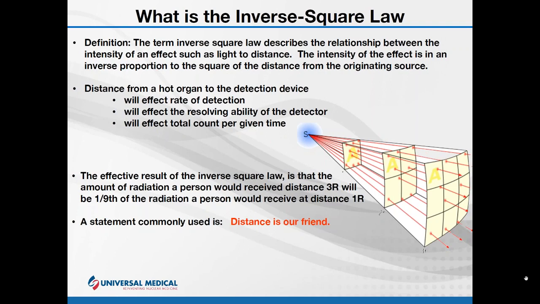A way to put this into another point of reference is if you were to imagine a point of radiation in space, and then you place a tennis ball around it, the entire surface area of the tennis ball would be receiving all of the emissions for a given period of time.